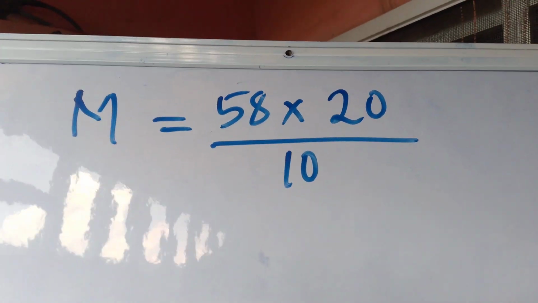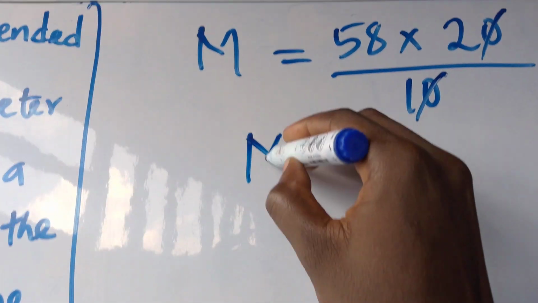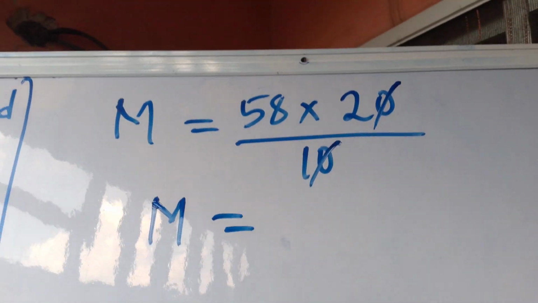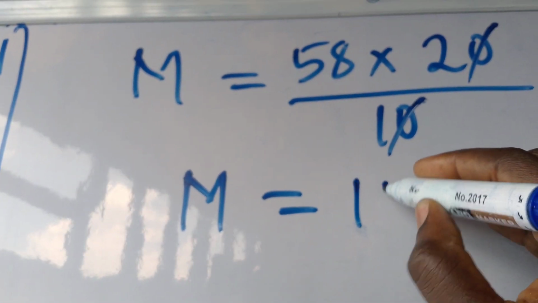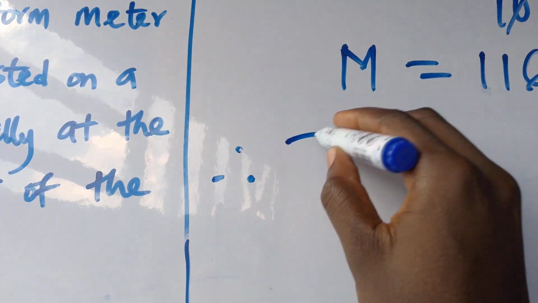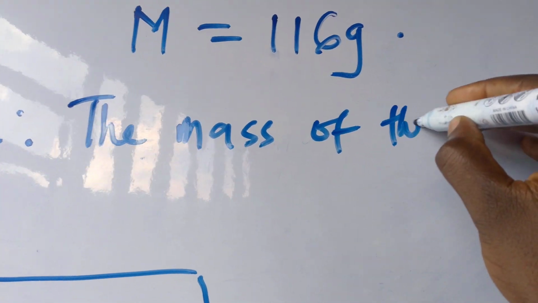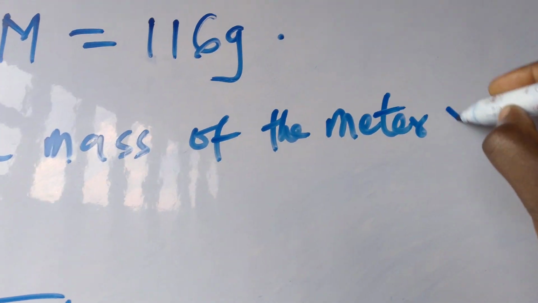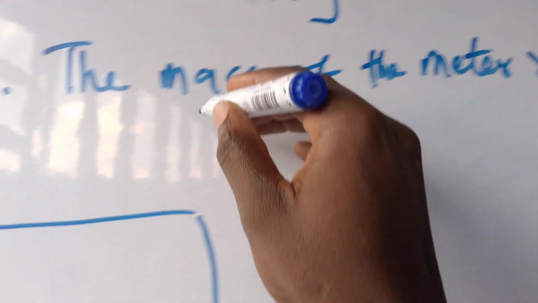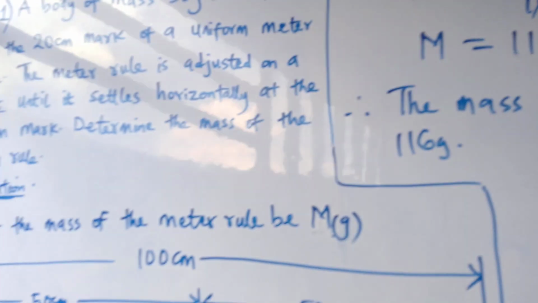The 0 cancels out 0. We have that m is equal to 58 times 2, which will give me 116 gram. So therefore the mass of the meter rule is 116 gram.